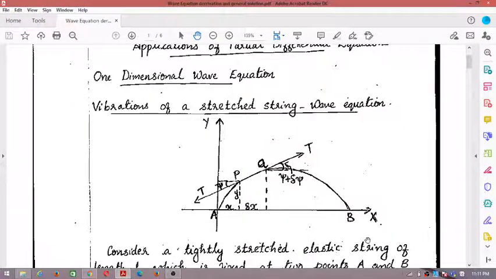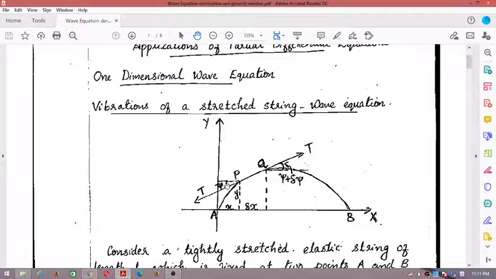Here we have the x-axis. Along the y-axis we represent the displacement of the string, small x representing the position of the string, and x plus delta x is the new position of the string. Capital T is the tension.